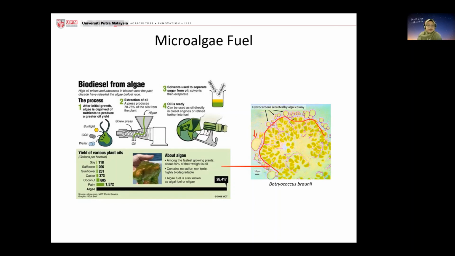So that makes algae a very interesting choice for biodiesel production, because in biodiesel production, you have to use the oil and trans-esterify that into usable diesel. That can be a drop-in diesel, which means there are no other processes involved. You can just use it directly in the current diesel engine.